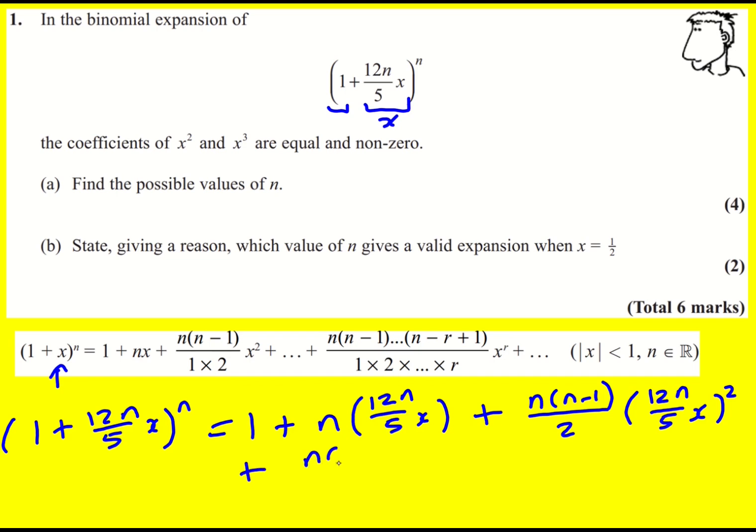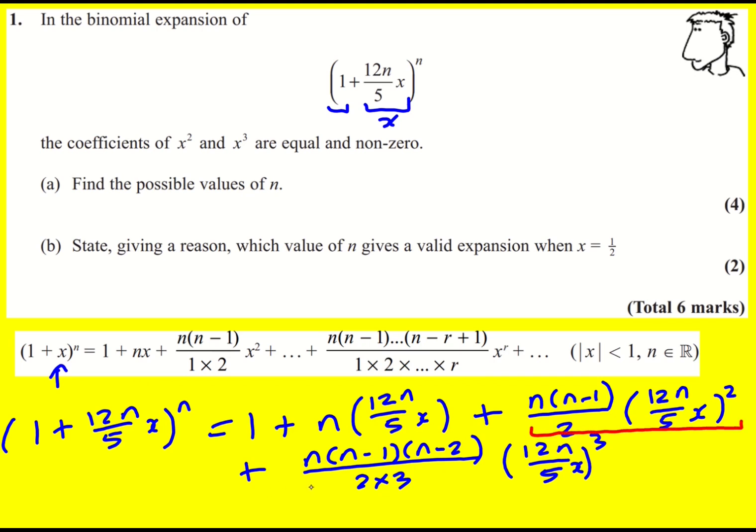And finally, n minus 1, n minus 2, all over 2 times 3, 12n over 5 x cubed. And it's the coefficients of these two terms that are the same.